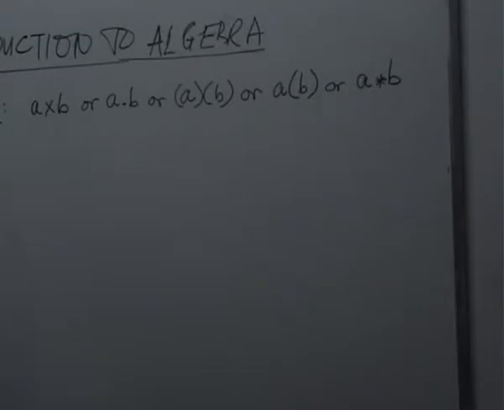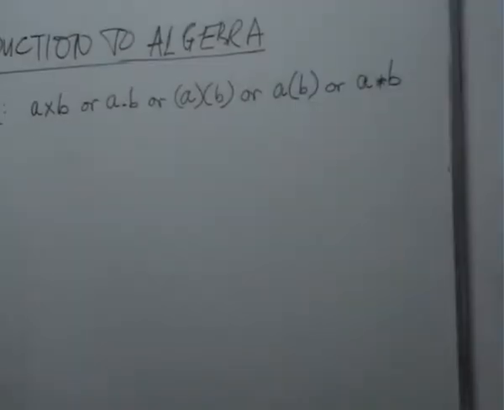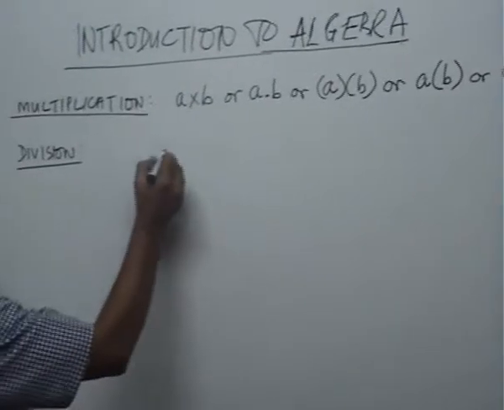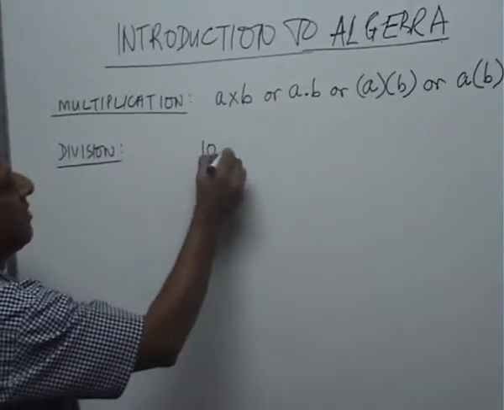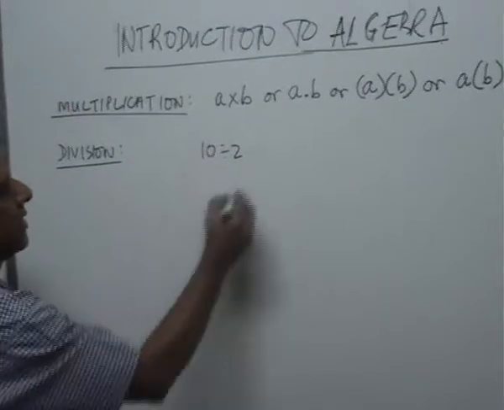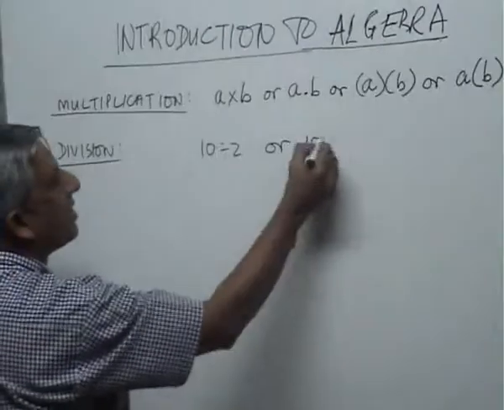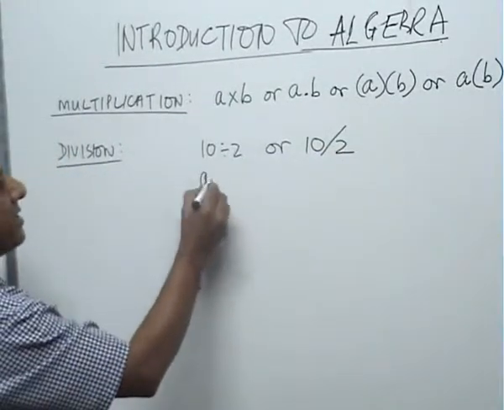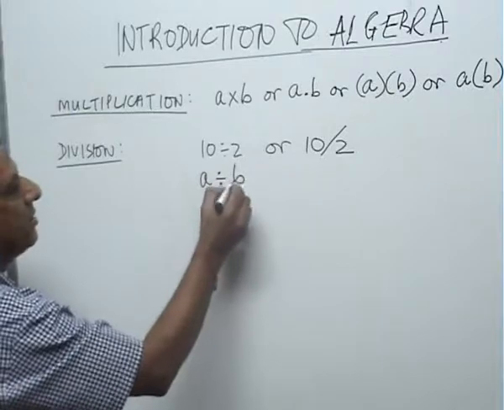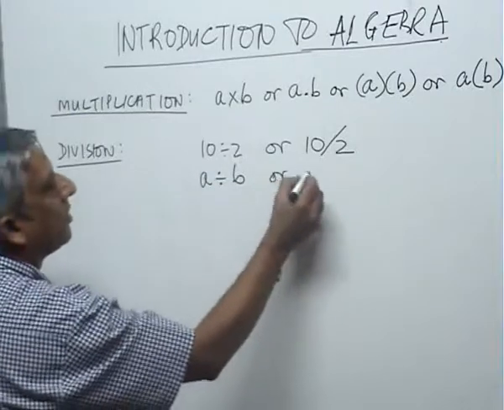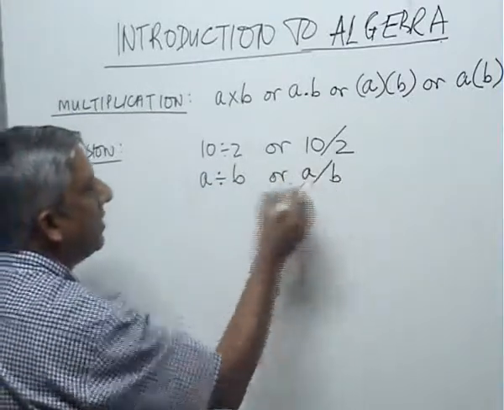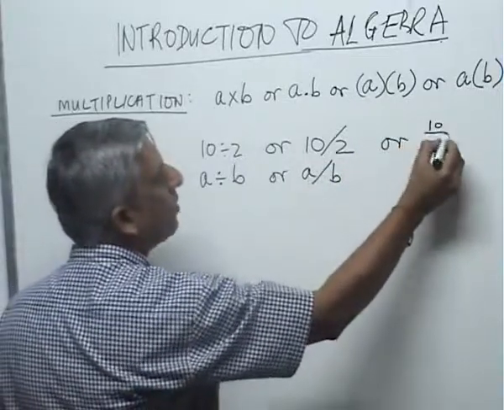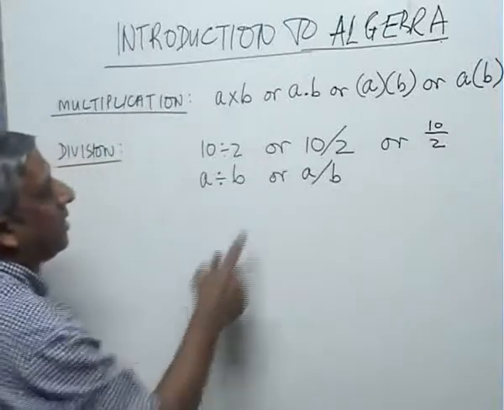The next important thing is division. Let's be clear in our minds about division. So if I wanted to tell you 10 divided by 2, I can rewrite it like that, or I can say 10 slash 2. Therefore, in algebra I can tell you A divided by B, or A slash B. Or this 10 could have been written as 10 on top, 2 in the bottom.